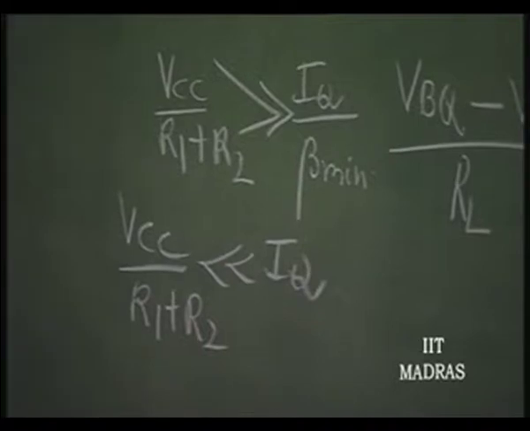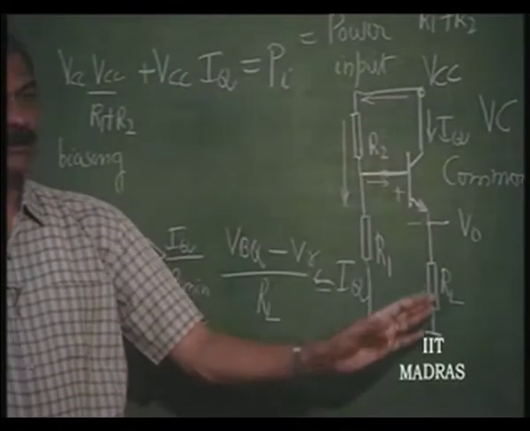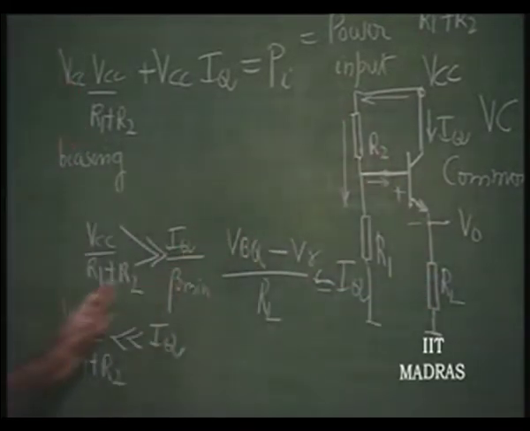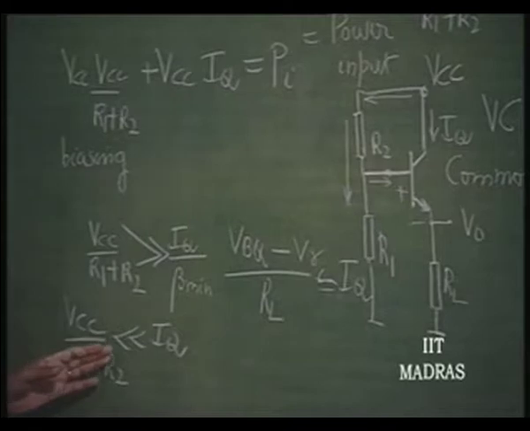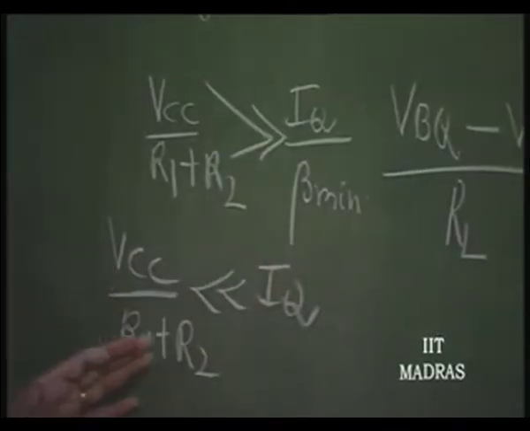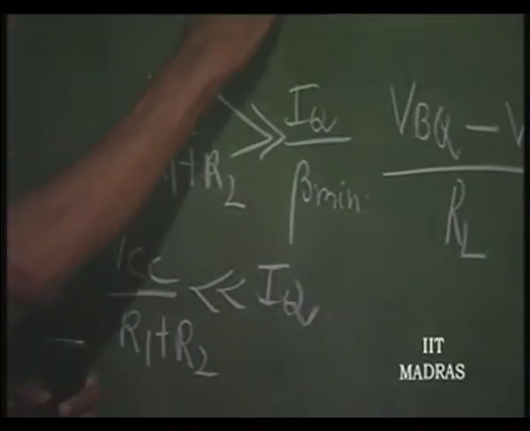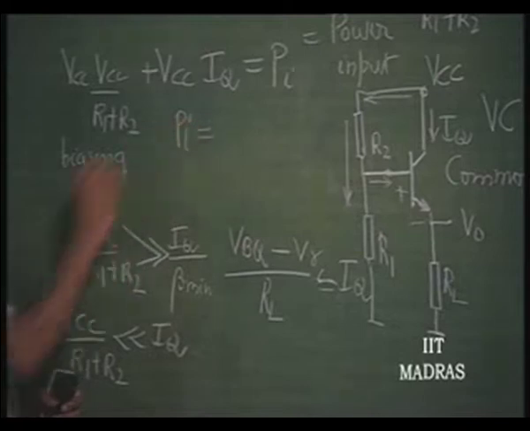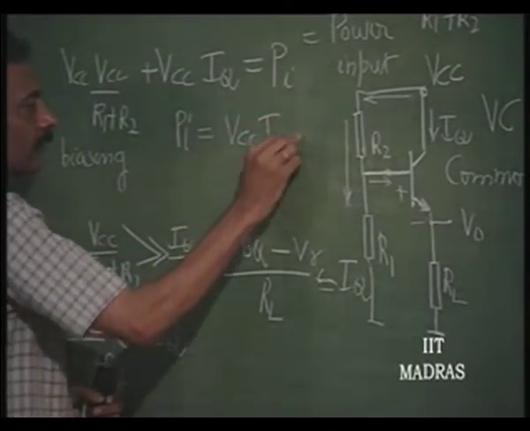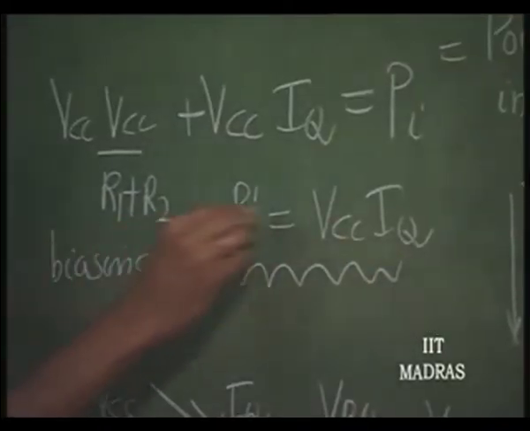This is the way you have to select, because IQ is anyway necessary to bias this transistor, okay, and IQ must be much greater than VCC by R1 plus R2. If you select all that, then we can say that input power is essentially, okay, VCC into IQ, approximately.